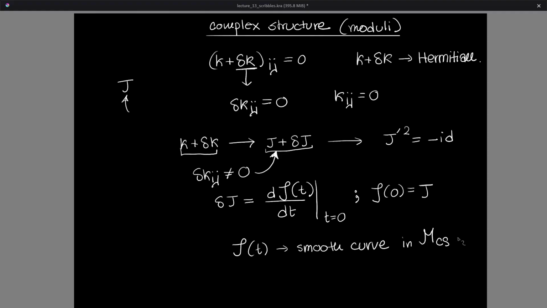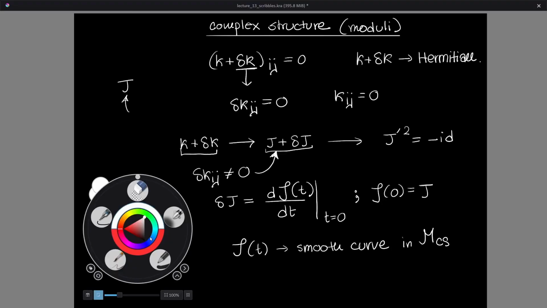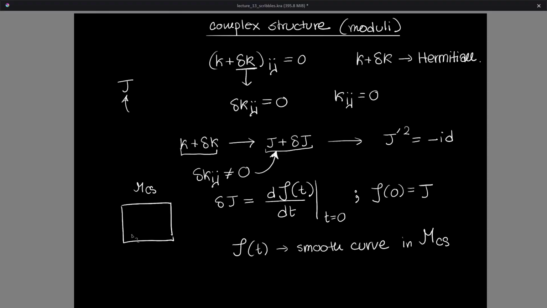The moduli space, if you remember, is a space where each of the points is a different complex structure. So J of t is a smooth curve where, given a specific t, you are given J of t. And this is the linearized deformation.